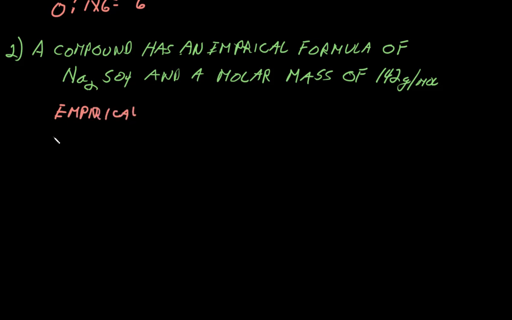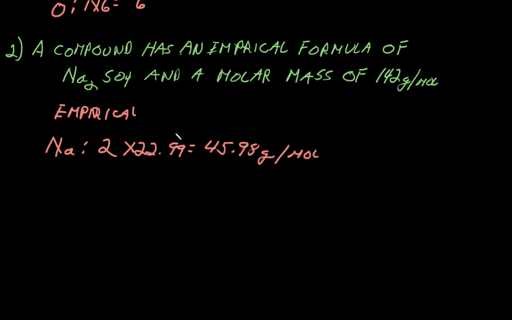So we've got sodium. We have 2, again from the formula. So we know it's going to be 2 times 22.99, and so that's going to equal 45.98 grams per mole of sodium.